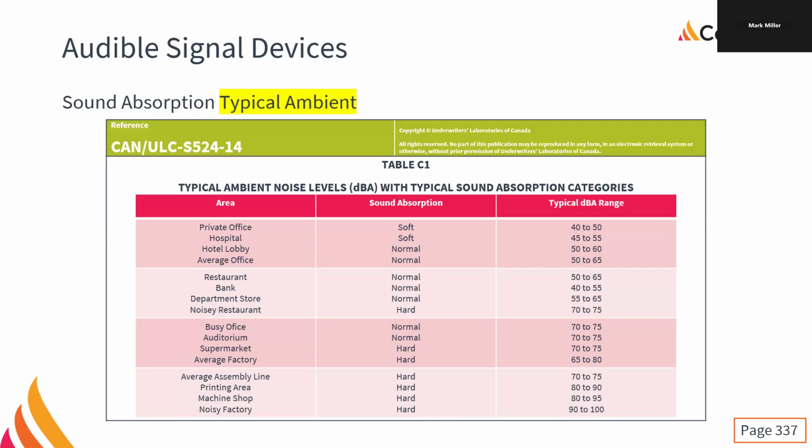Of course, department stores, supermarkets, all that can get quite loud, especially depending on the sound absorption. Right? A supermarket, it's tile or concrete floor. It's usually a wide open ceiling, right? Because T-bar ceilings will absorb noise.